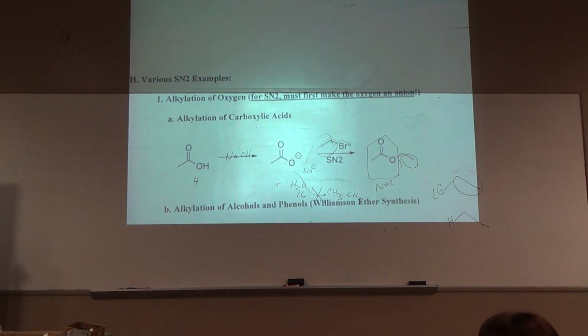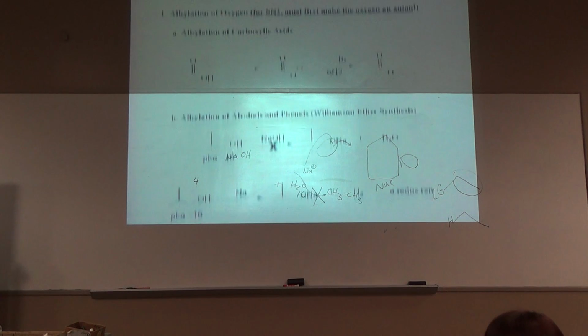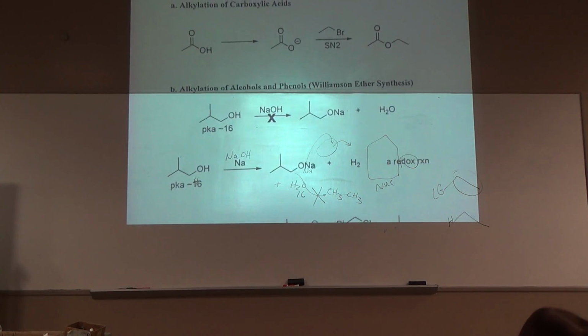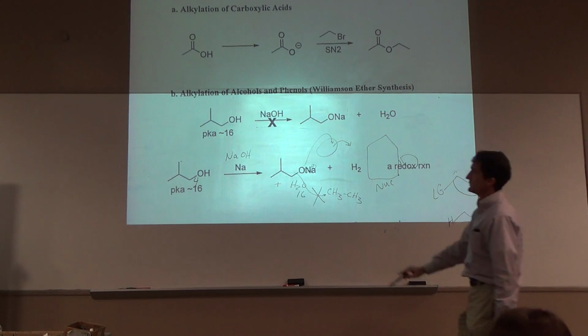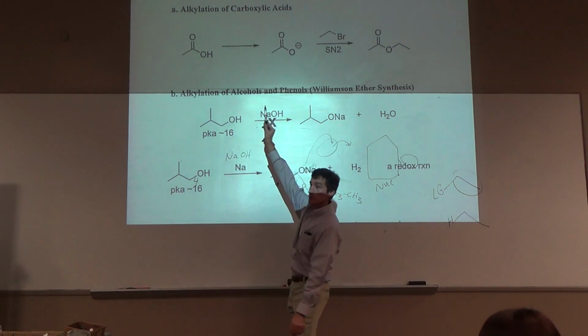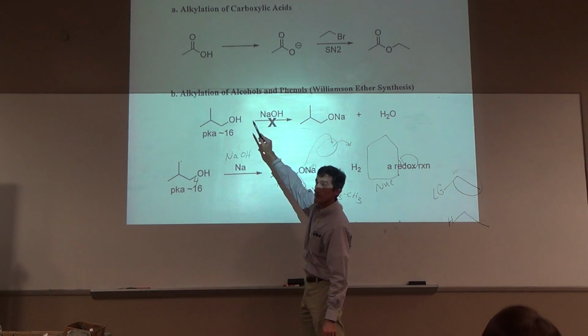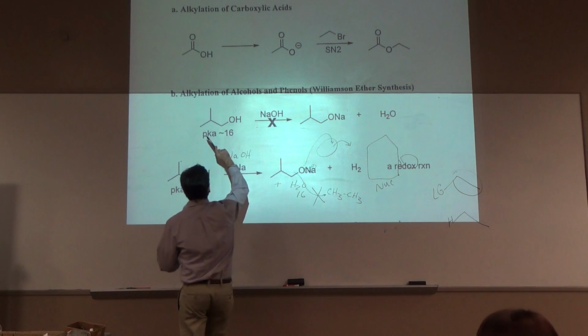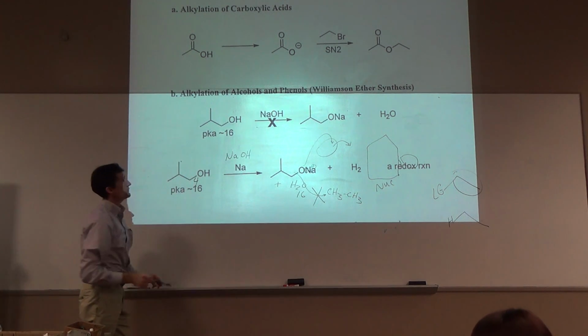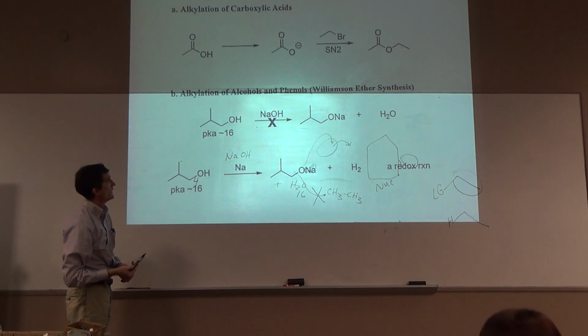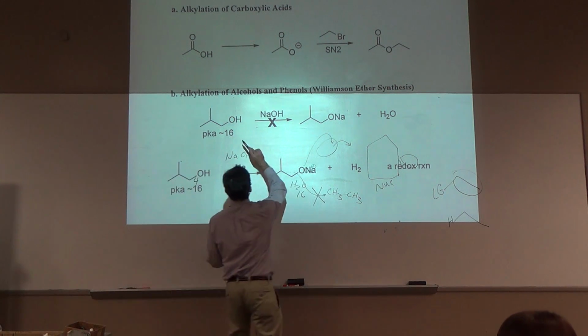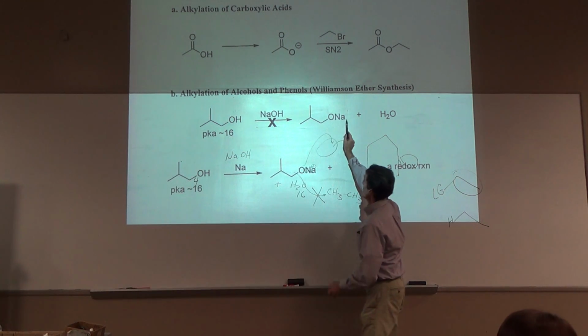Okay, another type of alkylation of oxygen. We can do this with alcohols. Problem is with alcohols, see, I knew you were going to say sodium hydroxide, so I already have it written down here. Problem is sodium hydroxide will not work with an alcohol because we're trying to make the O minus. Okay, you got it.